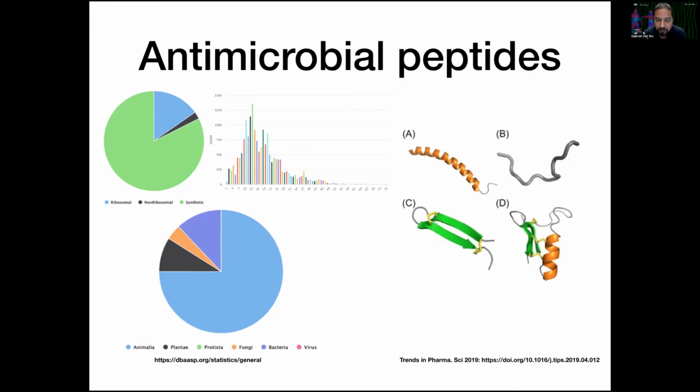They will have other roles, such as immunomodulation activities. The antimicrobial peptides identified so far present all different kinds of secondary structures, as shown on the right side panel. Most of this information, you can see on the links that are beneath the image.